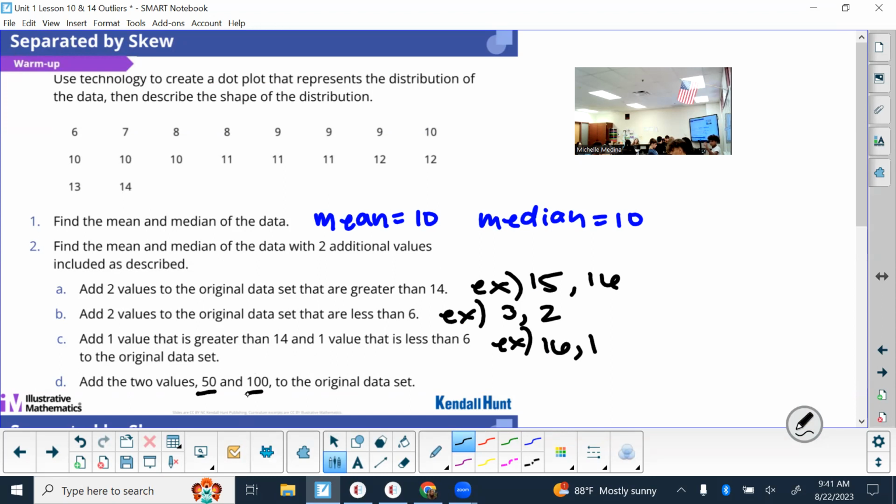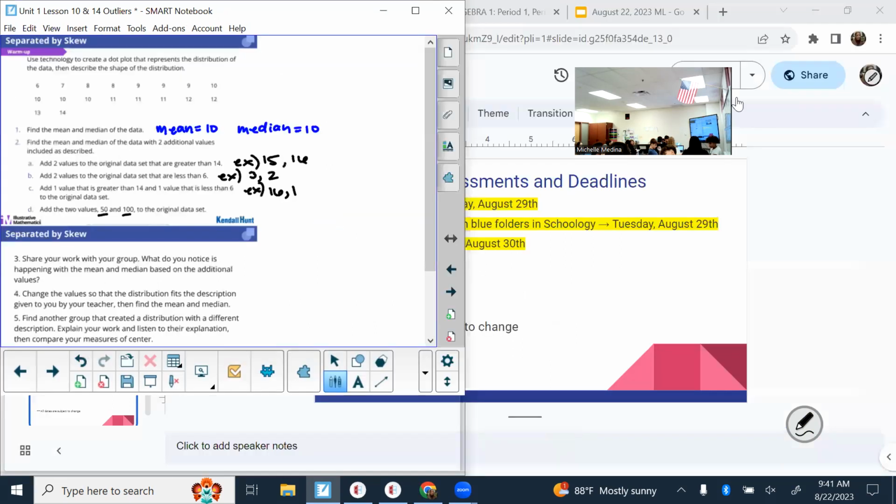That's the best way to see it, in my opinion. You can still learn to use your graphing calculator, but do it now with those additional values. I'll do it at the same time too, if you don't know how to add it in. See how the mean and median change.